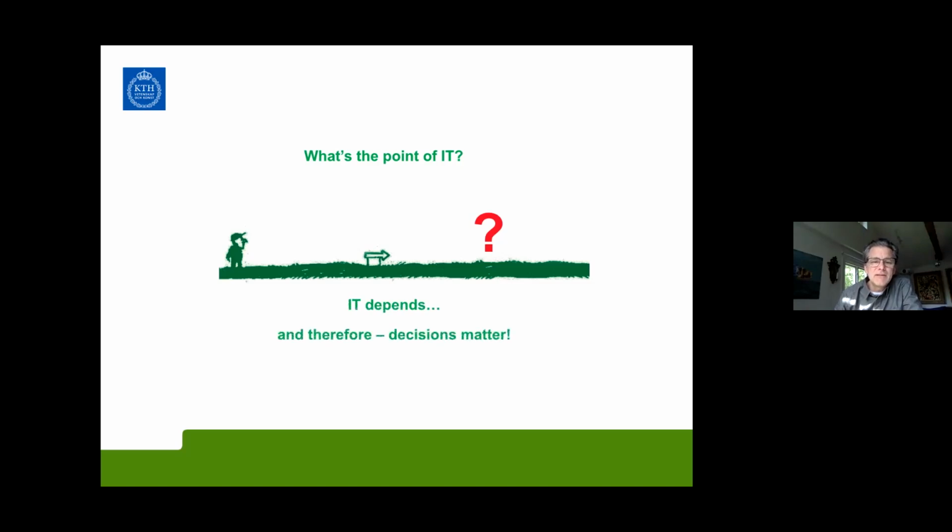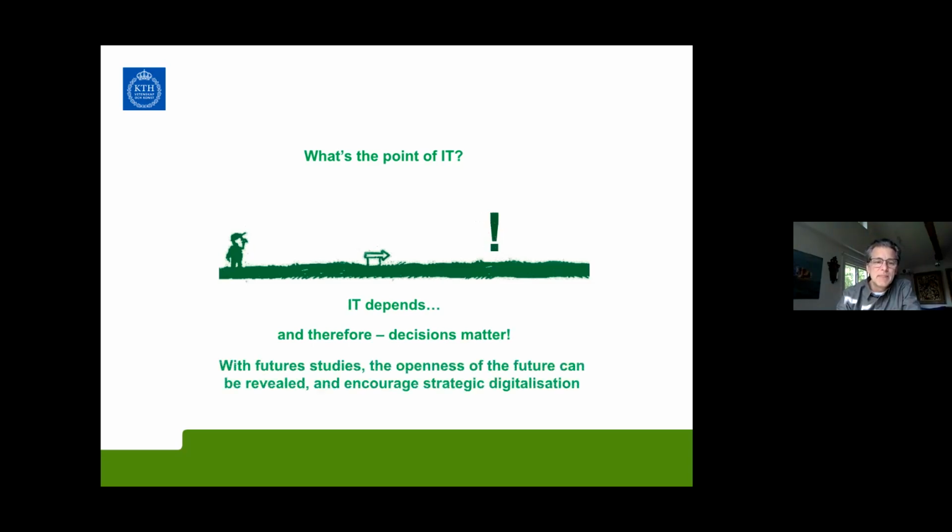But since it depends, this is a very positive answer for us as researchers, because it means that what we do, what we say, what we come up with can lead to further decisions, and those decisions will be very important for deciding what the point of IT is, where it takes us. I would say that with future studies, the openness of the future can be revealed and encourage strategic digitalization. What I'm working with here is typically environmental strategic digitalization. With that, I mean a digitalization that is aiming to solve certain specific targets rather than digitalization searching for problems.